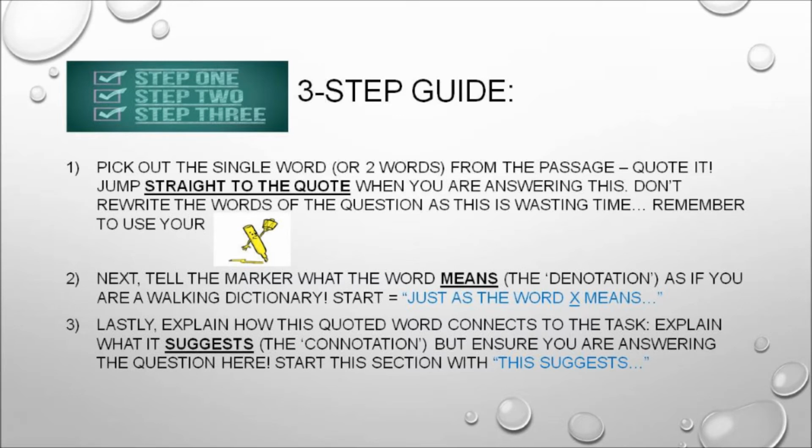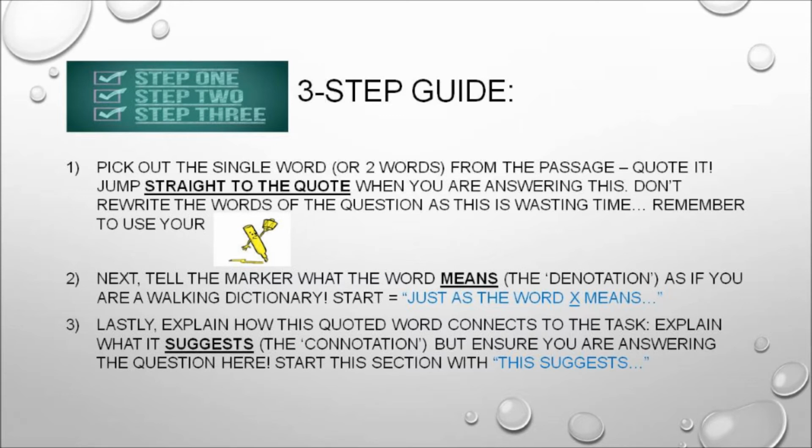Step 2. Once you've quoted it, you have to tell me what the word means, which is called the denotation. That's what we call it, which is just basically to show that you've understood what that word means. So pretend that you're a walking dictionary. So you start that answer with just as the word, whatever it is, means, and then step 3, explain how that word basically connects to the task.